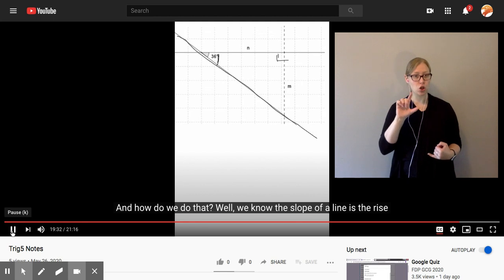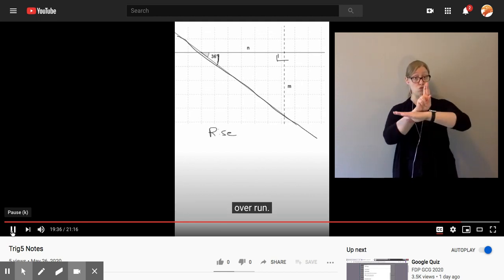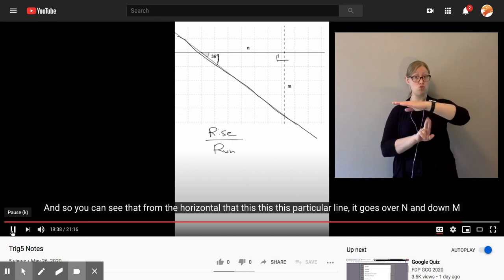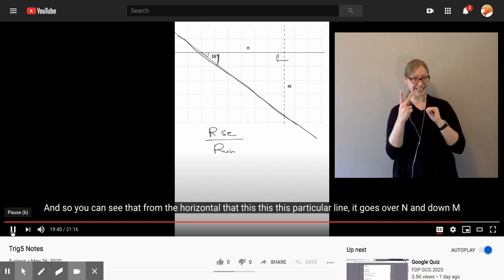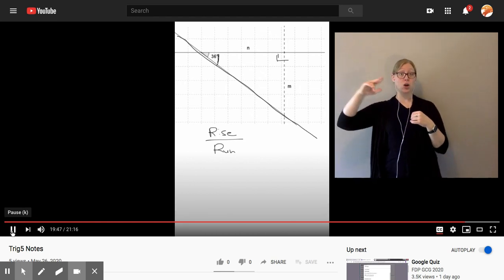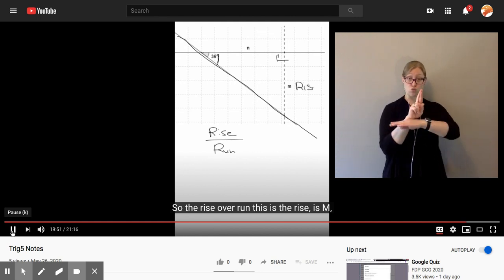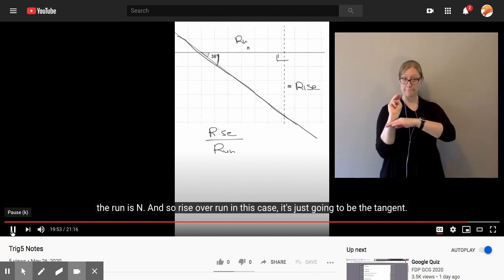And how do we do that? Well, we know the slope of a line is the rise over run. And so you can see that from the horizontal, this particular line goes over N and down M. So the rise over run, this is the rise, is M. The run is N.